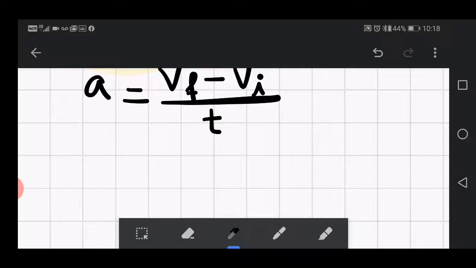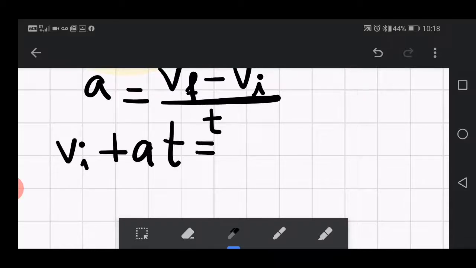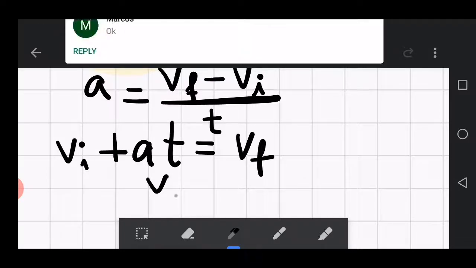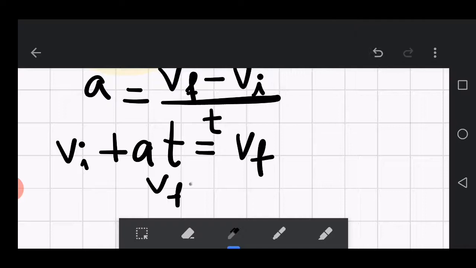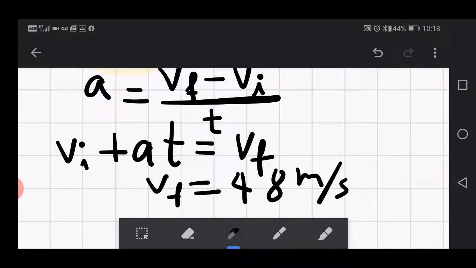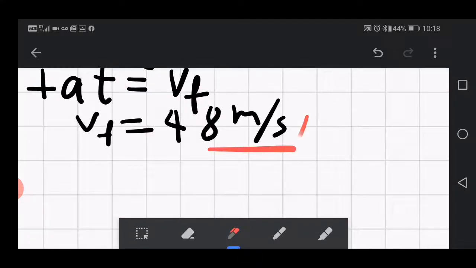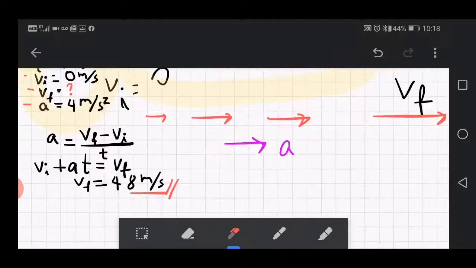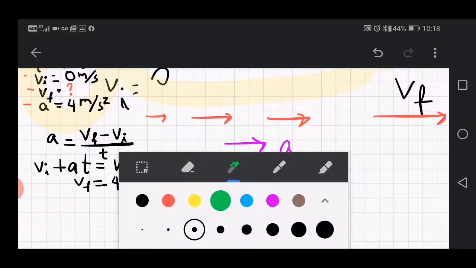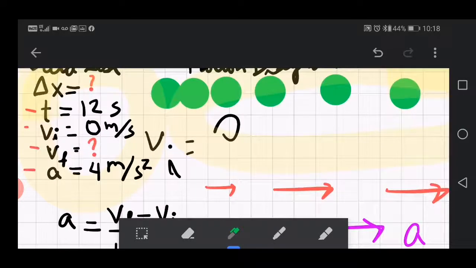A little algebra tells you that the initial velocity plus acceleration times time is equal to your final velocity, and therefore your final velocity is 48 meters per second. And that is your first answer. So you see, there wasn't so much to that. You already have one item crossed out.